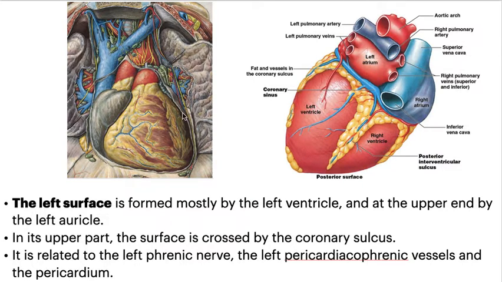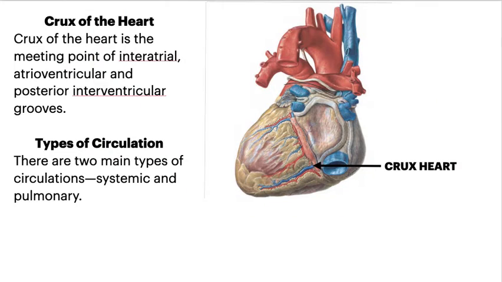In the upper part, the surface is crossed by the coronary sulcus, related to the left phrenic nerve over here, the left pericardiophrenic vessels, and the pericardium. The crux of the heart is the meeting point of the interatrial, atrioventricular, and posterior interventricular grooves.